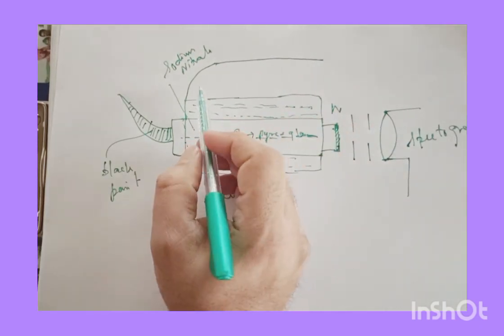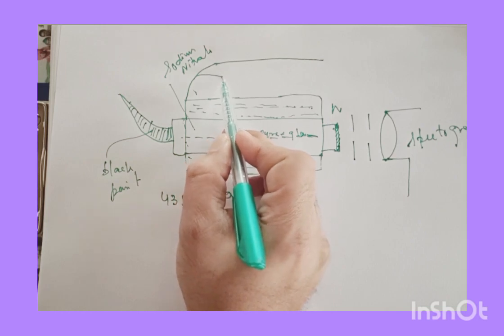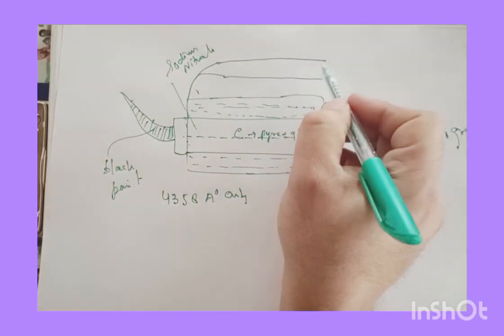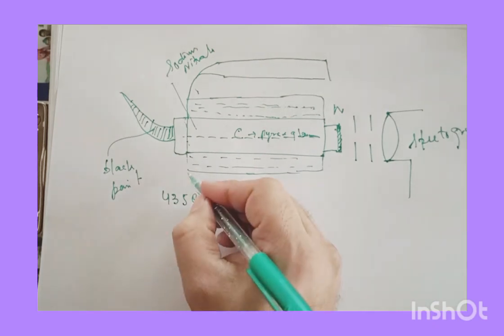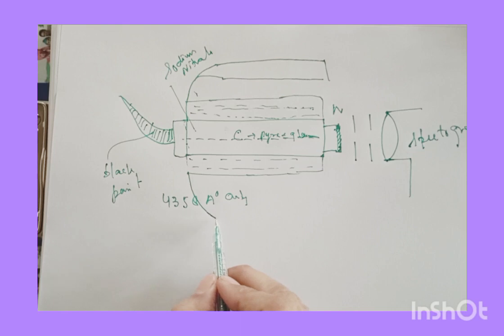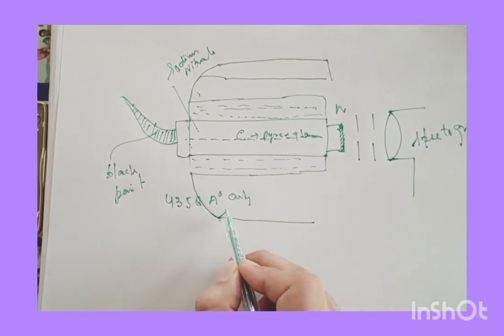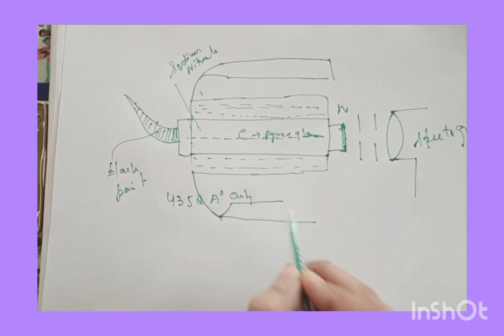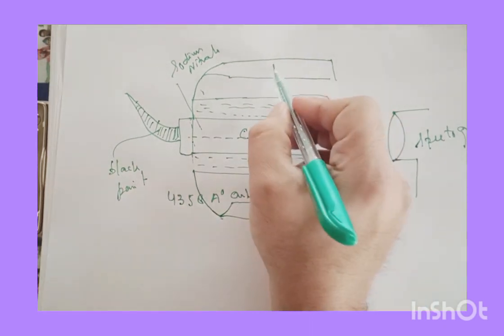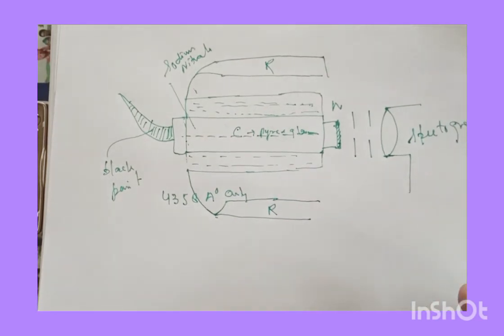We have reflectors from both sides, which are focusing this radiation on the tube.